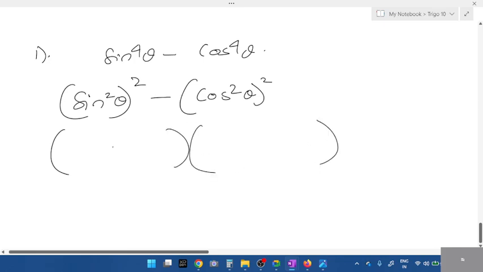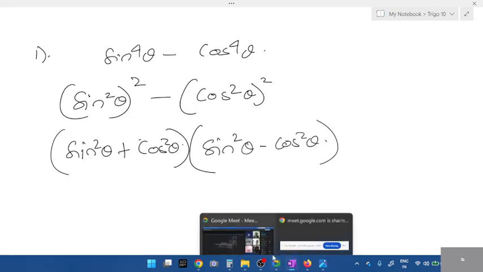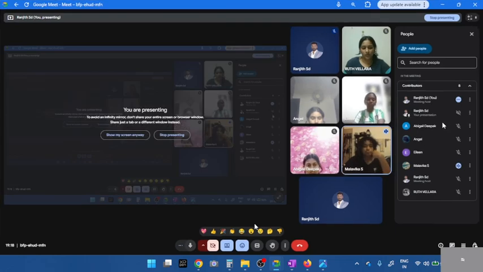Tell me the formula: a plus b into a minus b. Sine square, this is a, plus, what is b? Cos square. Next, a minus b. What is a minus b? Sine square theta minus cos square theta. A plus b into a minus b.